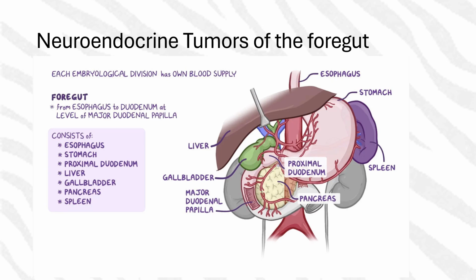Each embryonic division has its own blood supply. That's how it gets that classification as foregut, midgut, or hindgut. The foregut goes from the esophagus to the duodenum at the level of the major papilla. So this consists of the esophagus, stomach, proximal duodenum, liver, gallbladder, pancreas, and spleen.